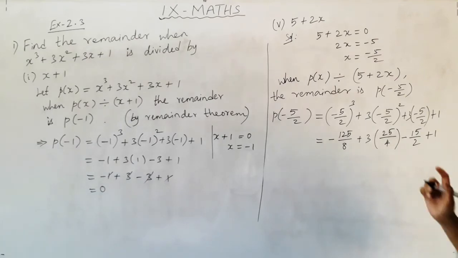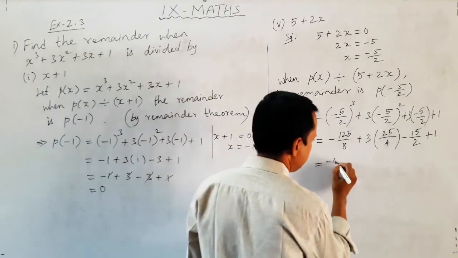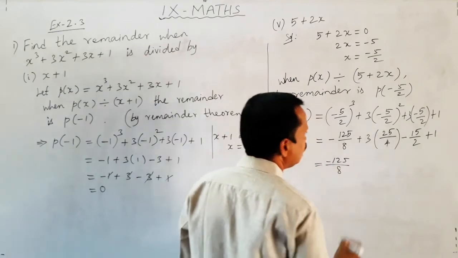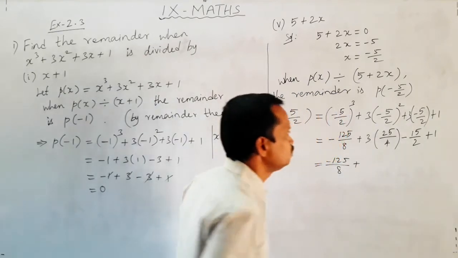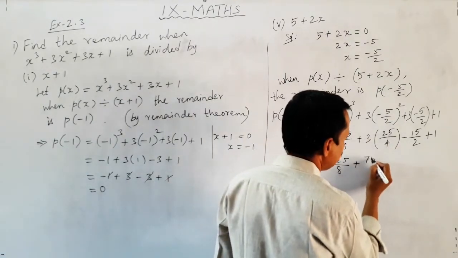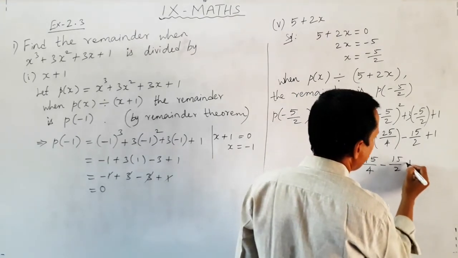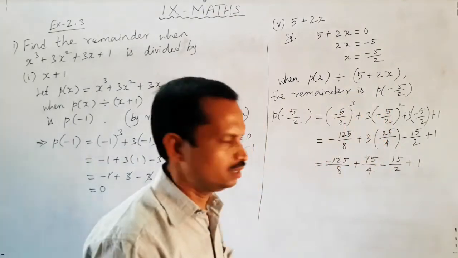Is it clear? Okay. So now minus 125 by 8, you write all those things, and then plus 3 into 25, the numerator becomes 75, 75 by 4, and this is minus 15 by 2, and plus 1 you write as it is.